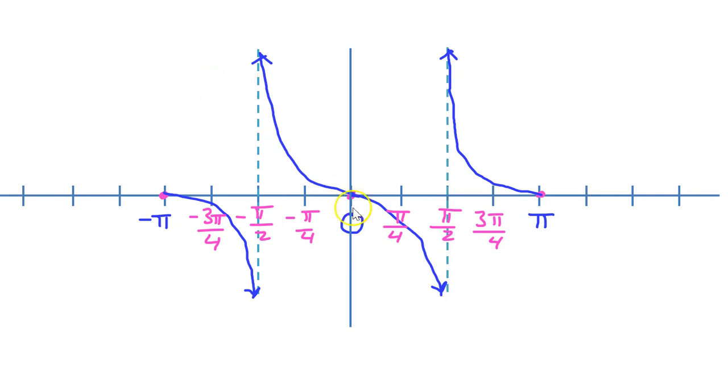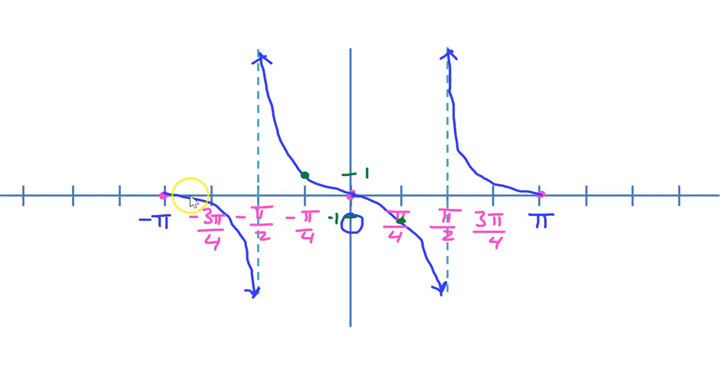Halfway in between the asymptote and the x-intercept, you should be hitting that a value. So this is the point that's halfway in between the asymptote and the intercept. So this point right here should be at the a value of 1. And again, over here, halfway in between the asymptote and the intercept, this should be at -1.